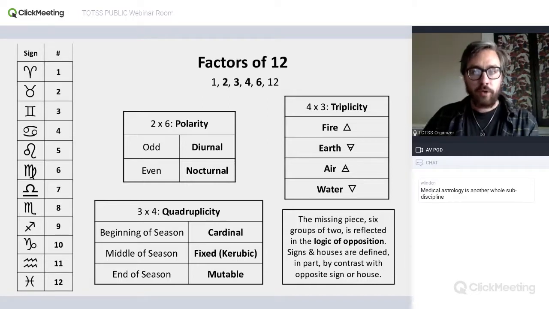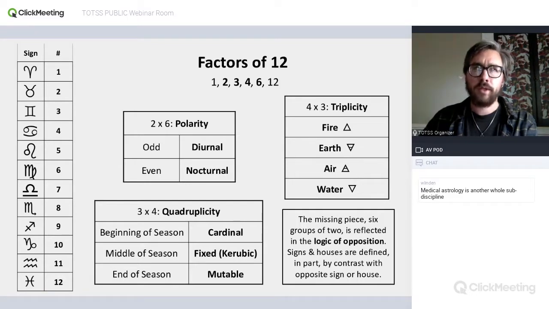All right, so our first group here, this is what I'm calling polarity. This is like 2 groups of 6. The odd numbered signs are what's called diurnal, meaning of the day, and the even numbered signs are nocturnal, meaning of the night. This comes out of Pythagorean symbolism.